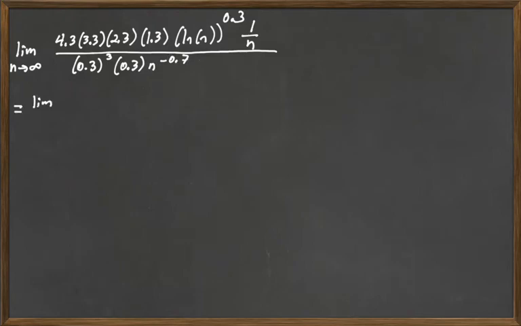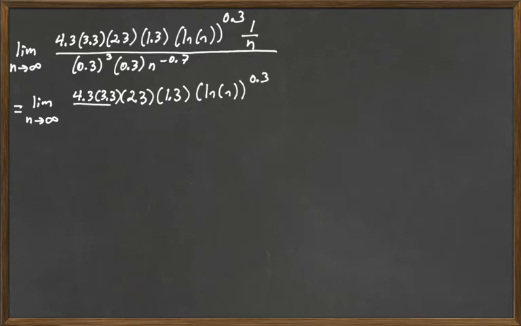The 1 over n will come down again, and it'll make that n to the negative 0.7 become an n to the 0.3. This becomes the limit as n goes to infinity, 4.3 times 3.3 times 2.3 times 1.3, natural log of n, that to the 0.3, all over 0.3 to the fourth power, times n to the 0.3.